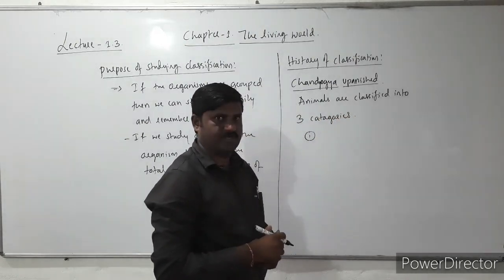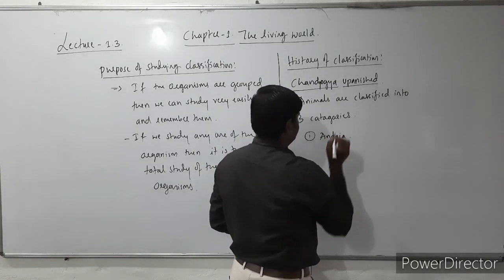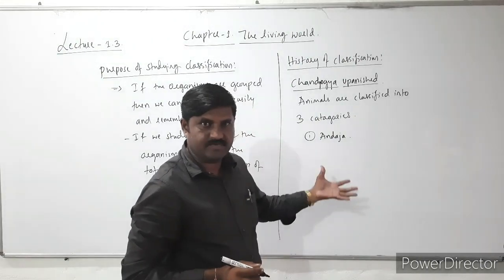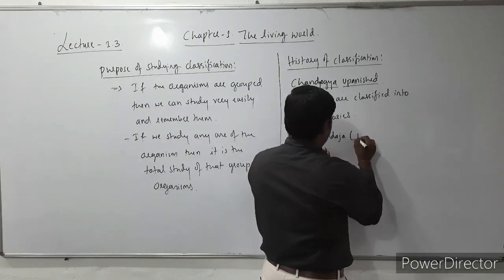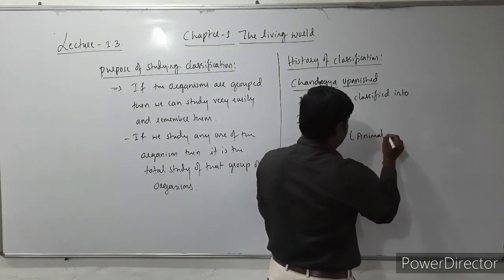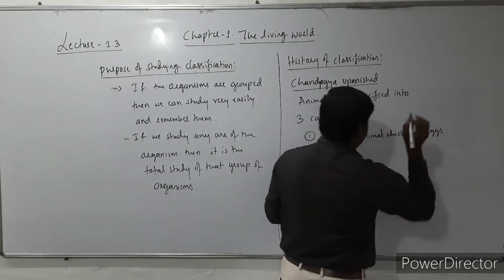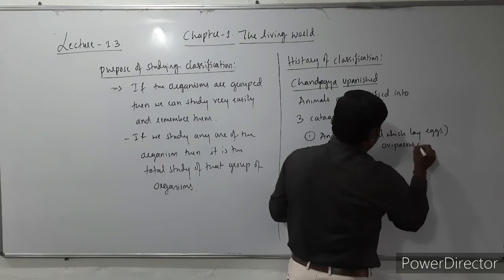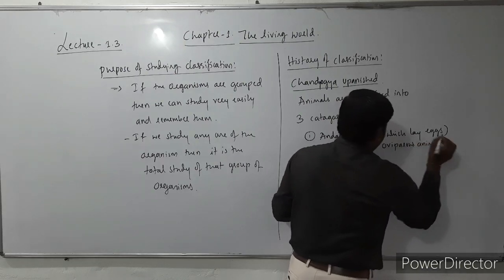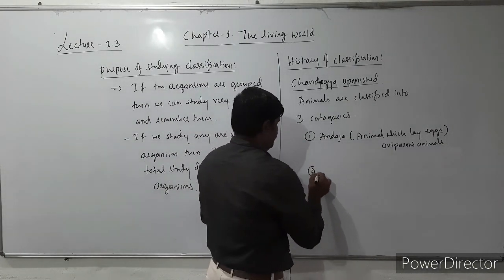The first one, Andaja, means the animals which lay eggs. These are also known as oviparous animals.